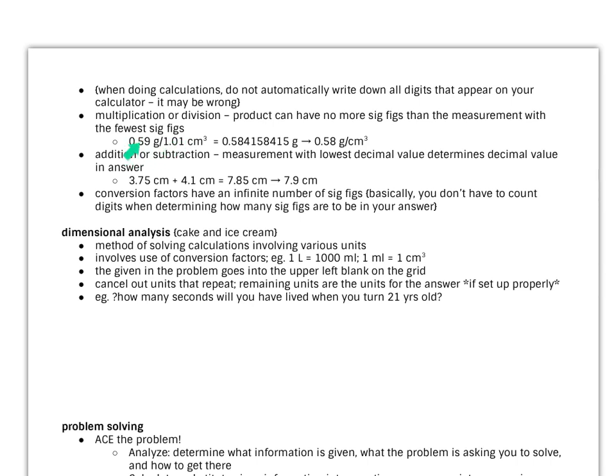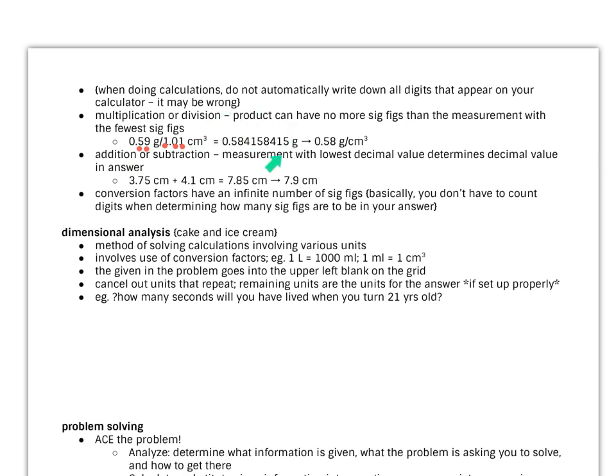Okay, so right here, you have how many sig figs? This 0 does not count. This 5 and this 9 count. So here you have 2 sig figs in this one. And in this one, that 1 counts, this 0 counts because it's sandwiched in the middle, and this 1 counts. So the fewest sig figs is going to be 2.